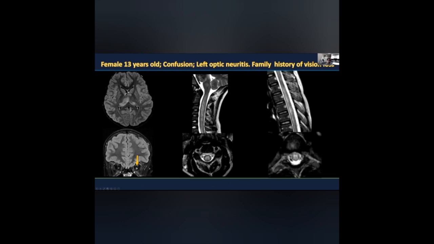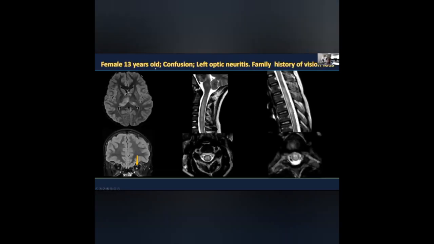You can see the optic neuritis with signal changes, enlargement of the left optic nerve, and involvement of the spinal cord. You will see the H sign, related to gray matter hyperintensity that stands out when you look at the cross-sectional images of the spine, again at the dorsal, thoracic level. All these imaging features are very characteristic for MOGAD.